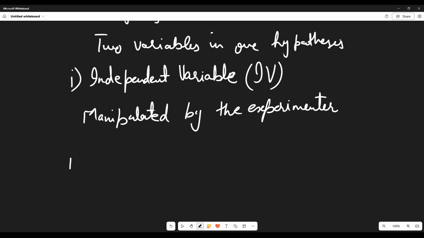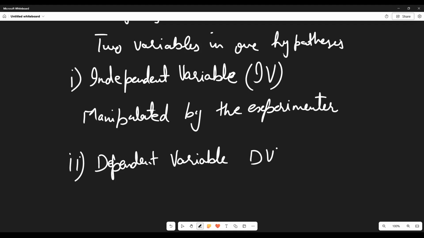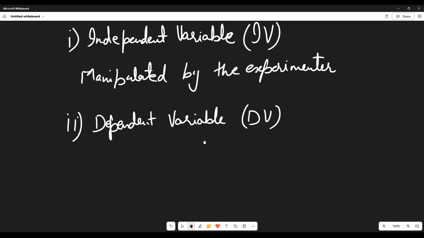The second type of variable that is used in a hypothesis is the dependent variable. It is also called DV. Dependent variables are the variables that change as a result of change in independent variables or IV.